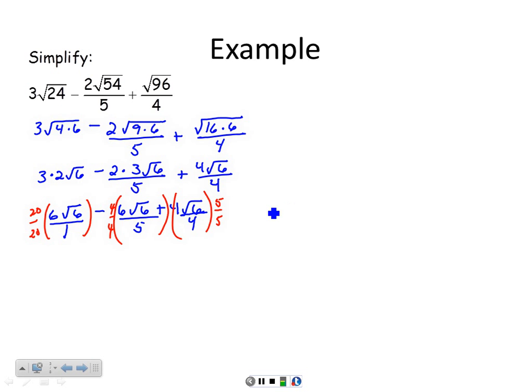So I'm going to have 20 times 6. So we're going to have 120 square root of 6 over 20 minus 24 square root of 6 over 20 plus 20 square root of 6 over 20.